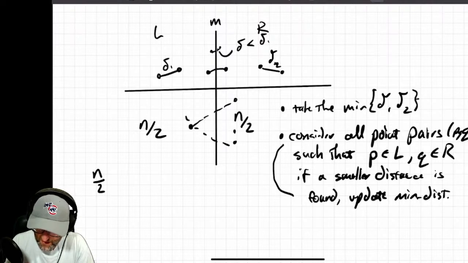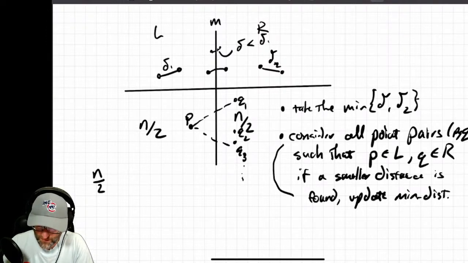So here's my point P. I have to consider all these points, Q1, Q2, Q3, dot, dot, dot, every single possible point over there. And the number of such pairs is going to be something like this. In fact, let's be a little bit more accurate about it. If I've got n divided by 2 elements over here, and n divided by 2 elements over here, then I have to choose one in the first one and then choose one in the second one.